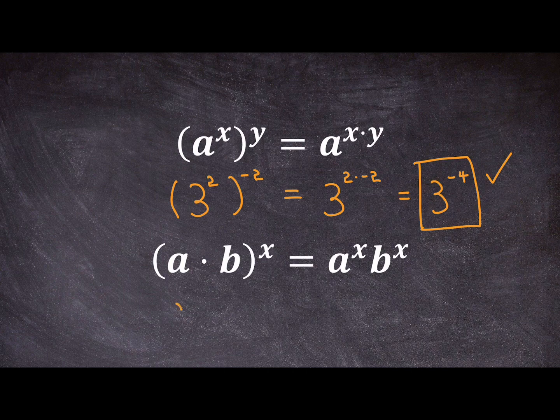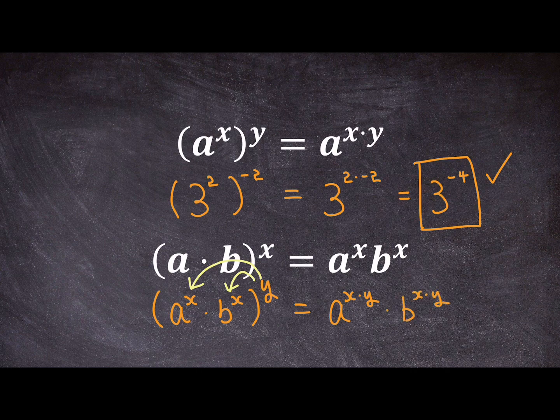If you have a to the power of x, b to the power of x, and then take the entire thing to the power of y, what should the answer be? Well, you will distribute that power of y to both a and b terms, and that'll give you a to the power of x times y, b to the power of x times y. So it's pretty much the same thing.